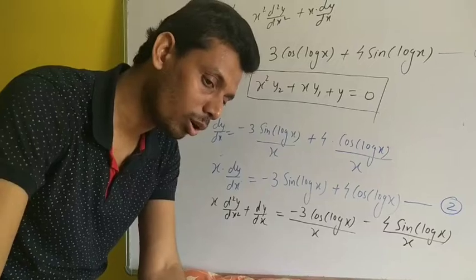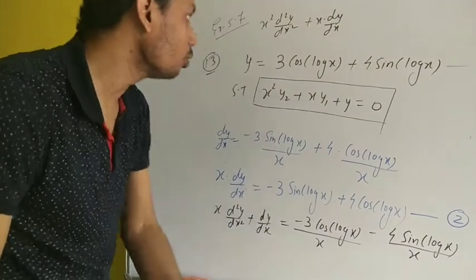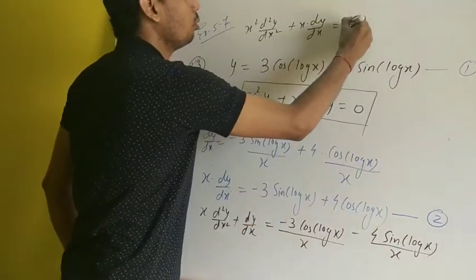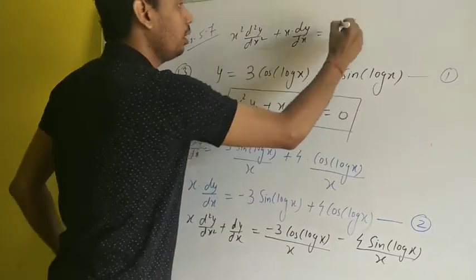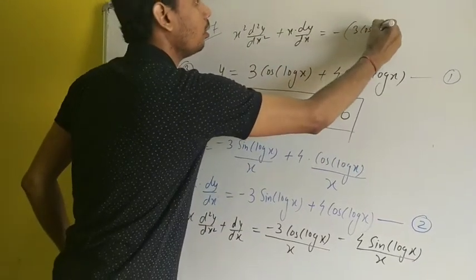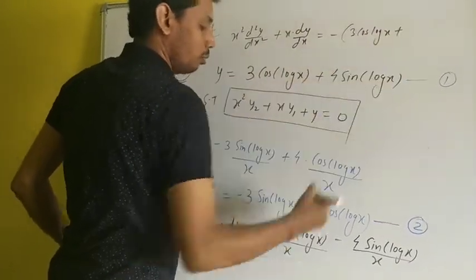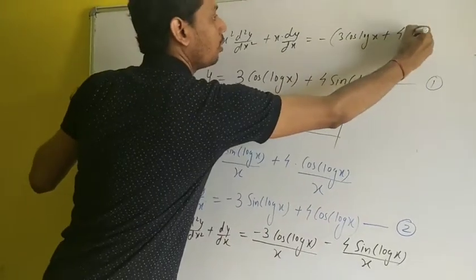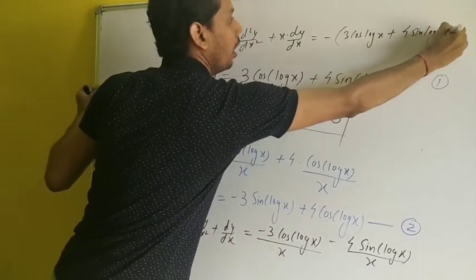So let us take minus common in RHS. So this is equals to minus, now 3 cos log x plus 4 sin log x.